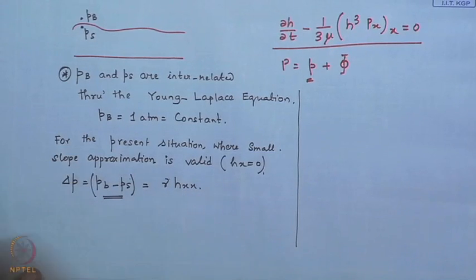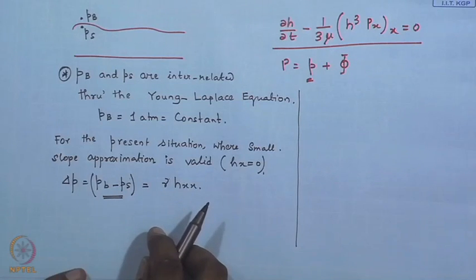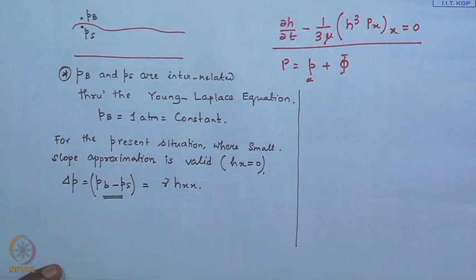This is the convention, Pb minus Ps, so do not confuse the signs. Therefore, it gives us Pb minus Ps equal to gamma into Hxx.